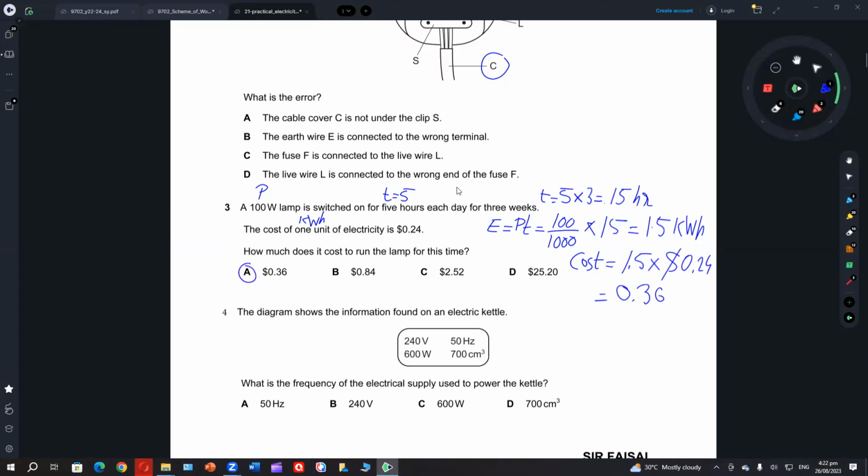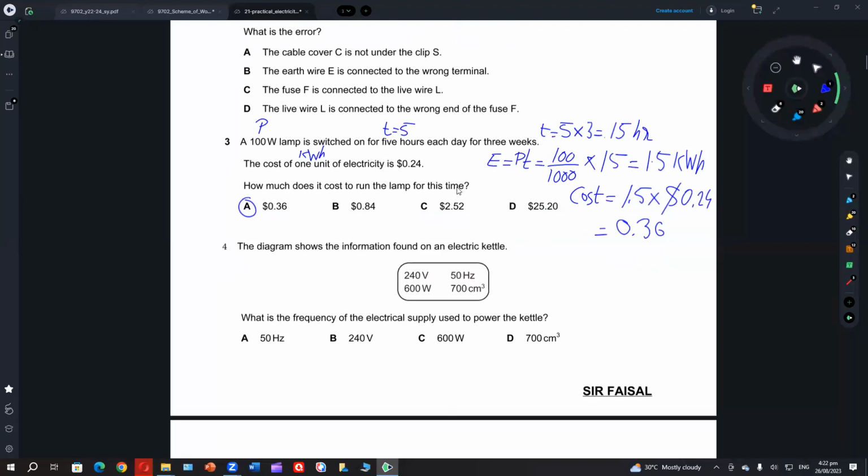The answer is A. The diagram shows the information found on an electric kettle. I have discussed this question with you in the class. This is an example of a tricky question which apparently shows some calculation, but it is not a calculation topic. You have to read the question. Do not mark the answer so quickly, but first discuss.